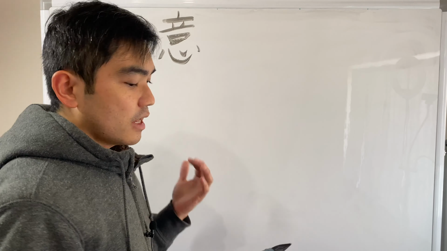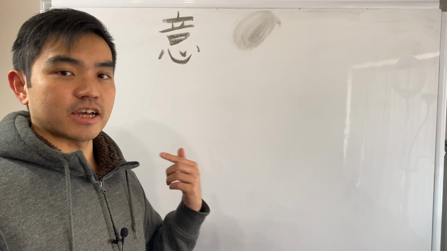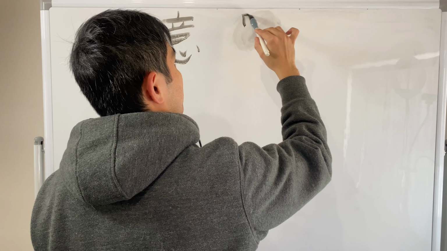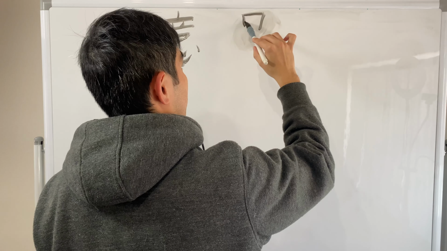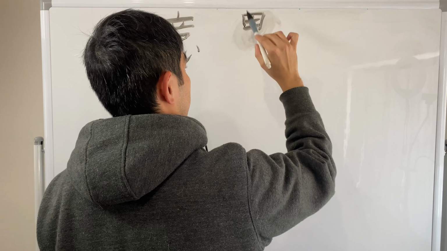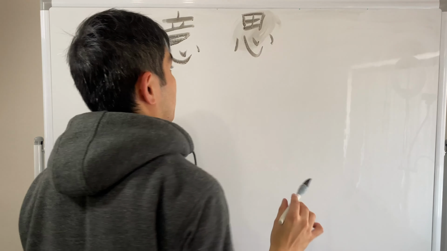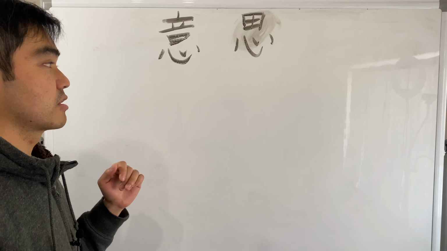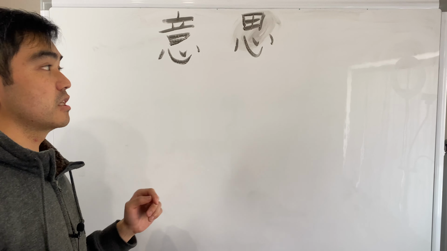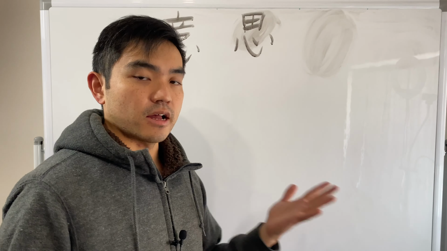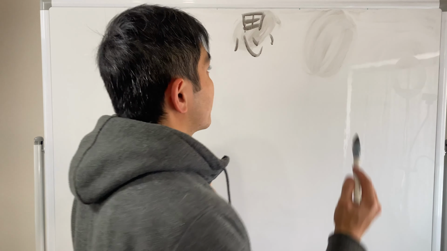Okay, the next one is mind or think. Pull down across the relative and pull down across, pull down, then the radical of shimbu. This one is also the same, shimbu. It's kokoro, heart.